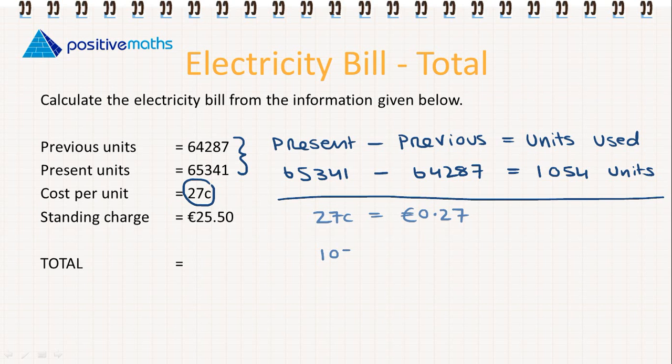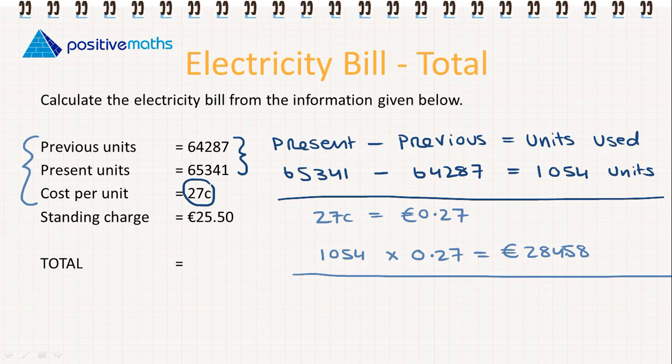So we have 1054 multiplied by 0.27, and we will get 28458. So €284.58.